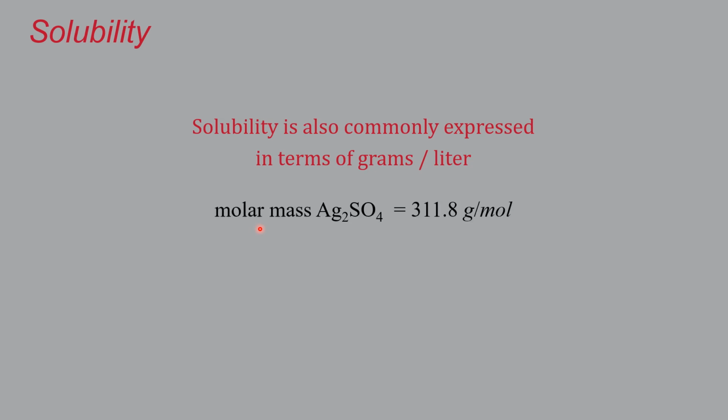But with the molar mass of our substance, which in the case of silver sulfate is 311.8 grams per mole, you can easily convert from one to the other. The molar solubility, as we said before, is 0.015 moles per liter. If we multiply that by the molar mass, you will see that the moles cancel. That gives us a solubility of 4.7 grams per liter. From a more practical standpoint, this is often a bit more convenient, so that you know that for 1 liter of water you can dissolve 4.7 grams of the silver sulfate.